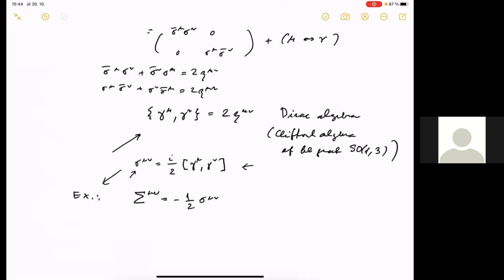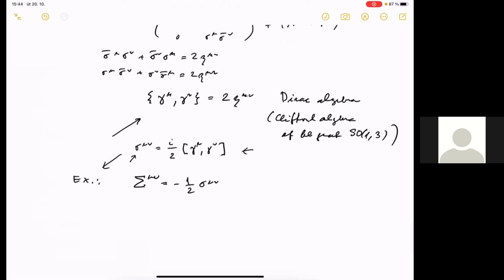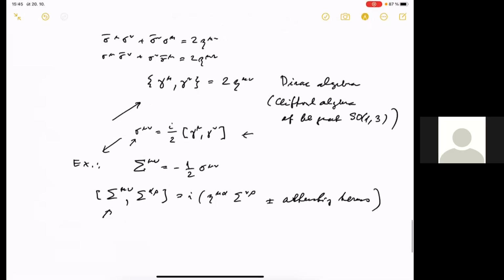And these capital sigma obey the algebra of the generators of the Lorentz group. That means the commutator of sigma mu nu and sigma alpha beta is i eta mu alpha sigma nu beta plus minus these alternating terms. So this is the algebra of generators of the Lorentz group.